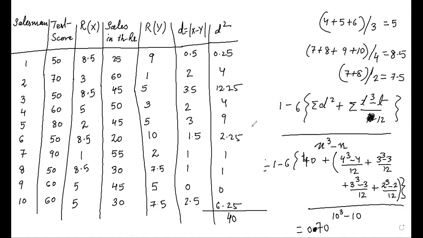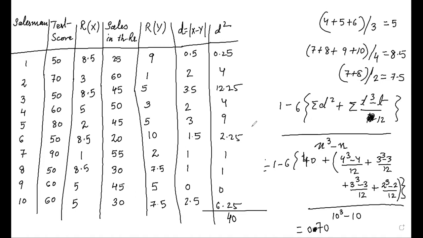What are these two qualities? Their intelligence and their salesmanship. So the person who is more intelligent is good in salesmanship. The person who is less intelligent may not be that good in salesmanship.